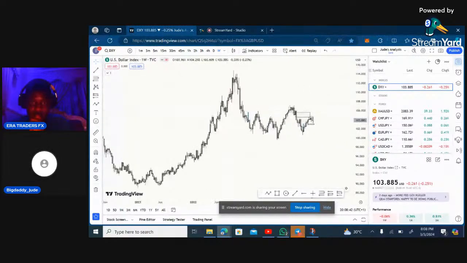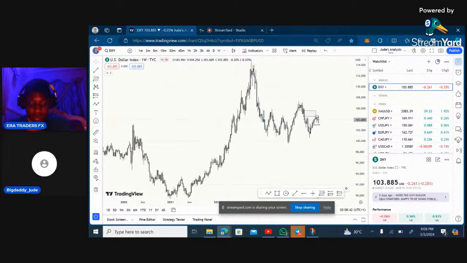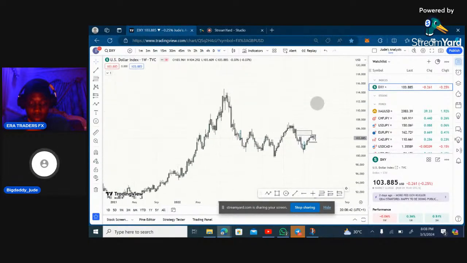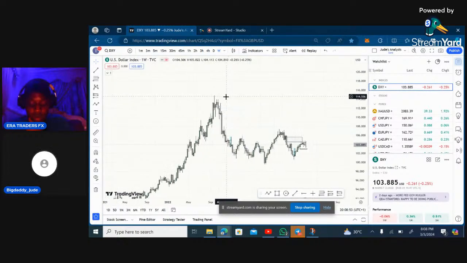So now on the weekly chart, since the highs have been taken out, you already have that in the back of your mind. Your expectation is that this previous high, which was formed in September of 2022, will be taken out.